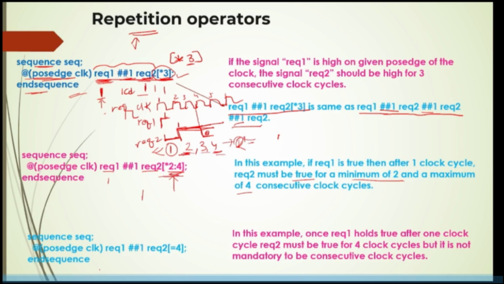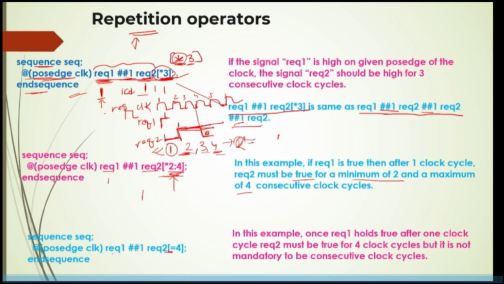For example, here, as I told you, you want it to be high for 3 consecutive cycles. Now, if there is a condition that it should be high, but it is not mandatory that it be continuous, then how can you write it? Instead of the star symbol, you can just use the equal to symbol.